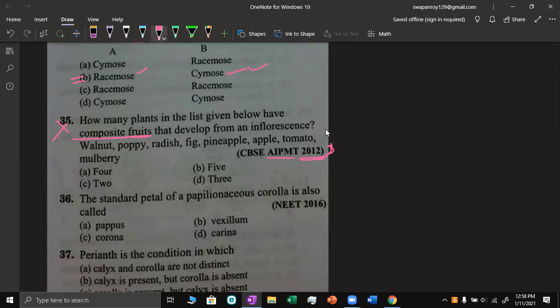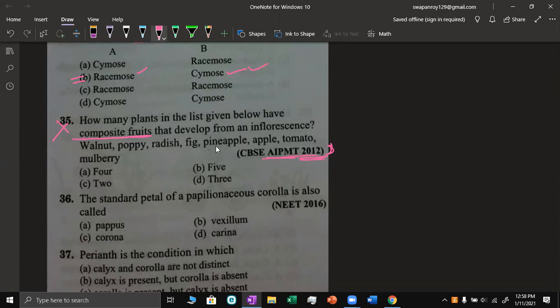Now the AIPMT also falls under the NEET, and the NTA is conducting the exam, so there is only one exam. So if you don't get these things, don't be worried.